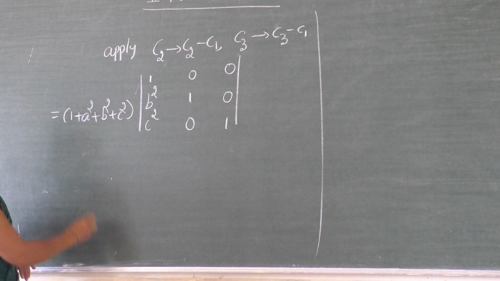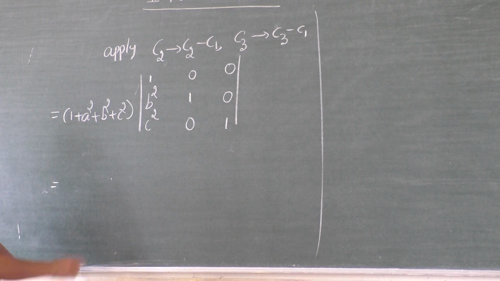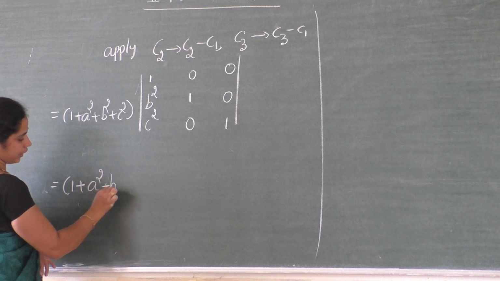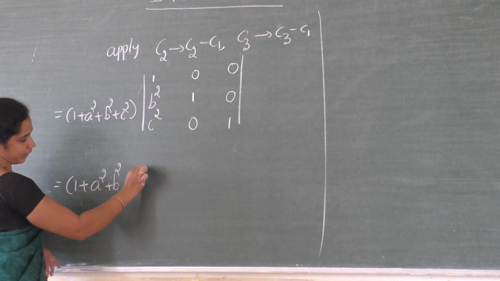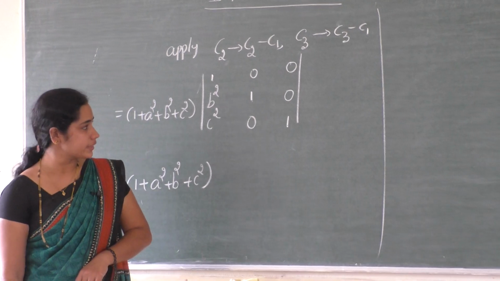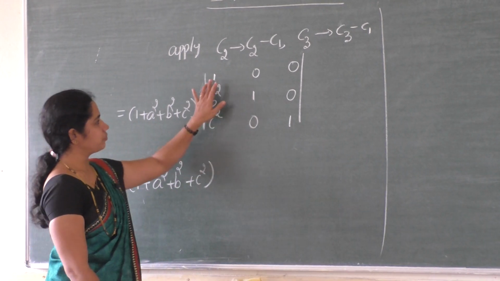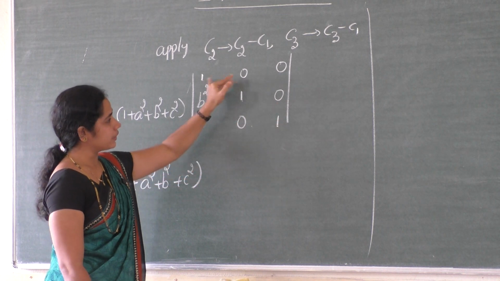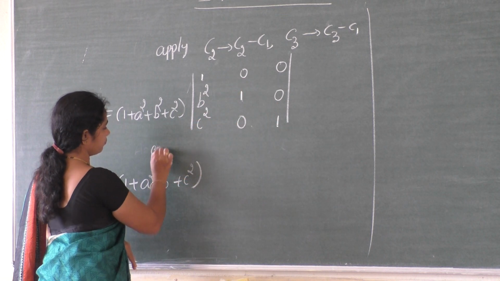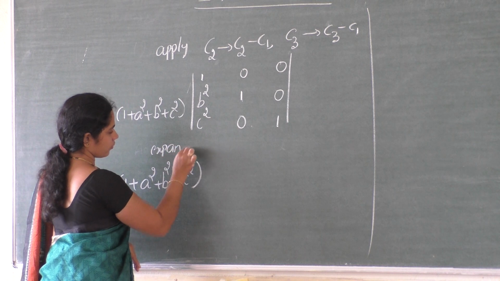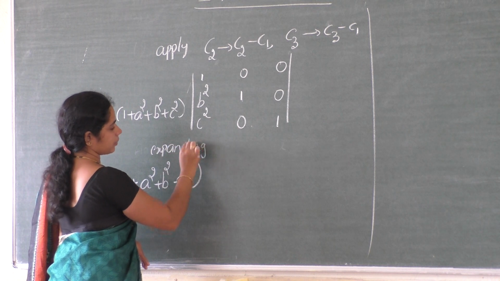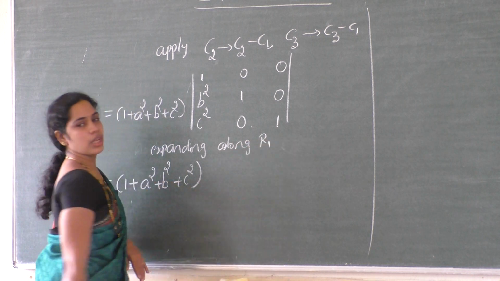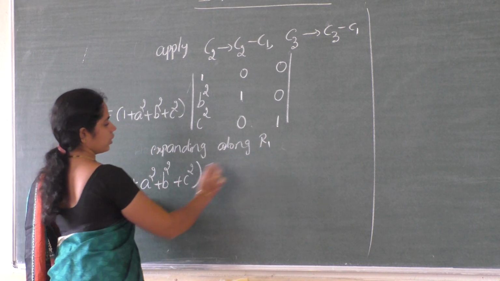Now this is equal to 1 plus A square plus B square plus C square into 1 into 1 minus 0, expanding along the first row, that is R1.